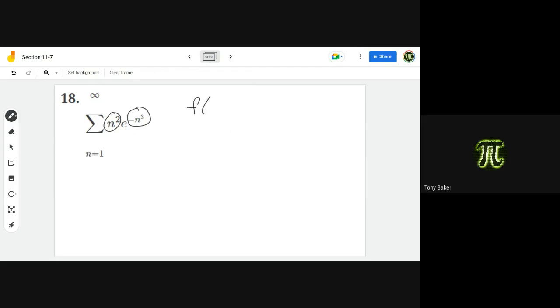So if I take my f of x, I have x squared e to the negative x to the third. So I'm going to make u negative x to the third. So du is negative 3x squared. So I can pull over the negative 1/3 to the du side.